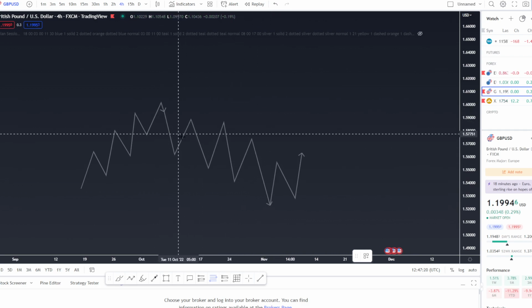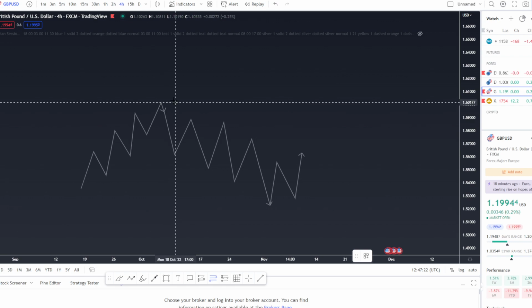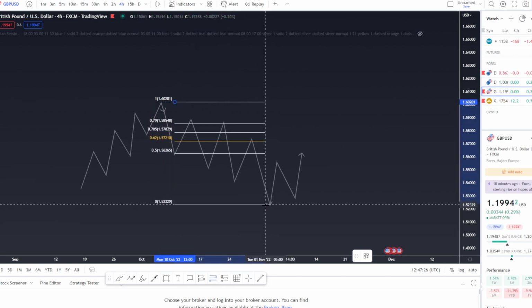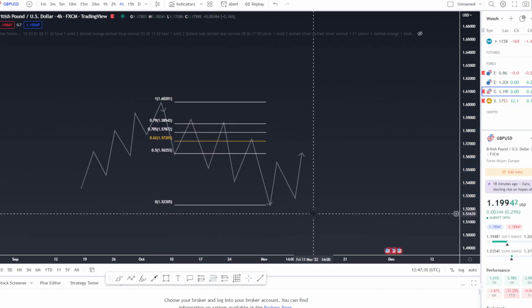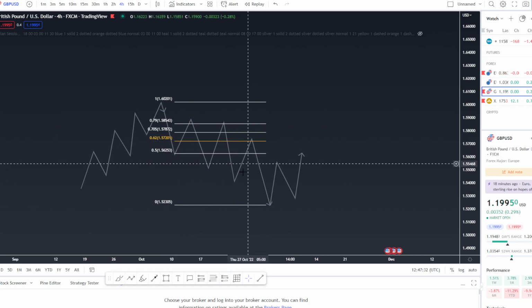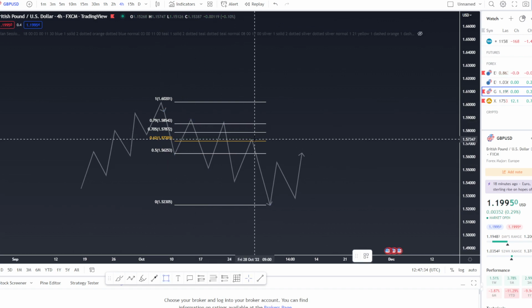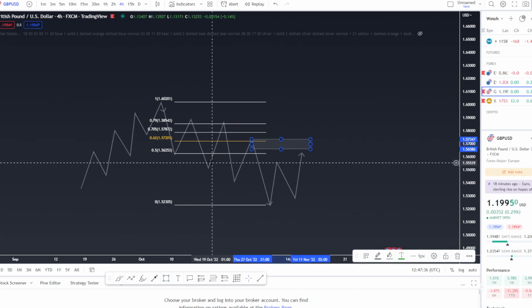This could have been months and months ago, but you want to pull out your fib right from the high here, pull it all the way down to the most recent low, which is this, the lowest low. And then you would want to mark out any daily supply zones that are above the 50%.